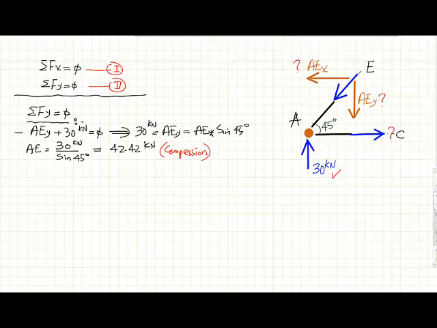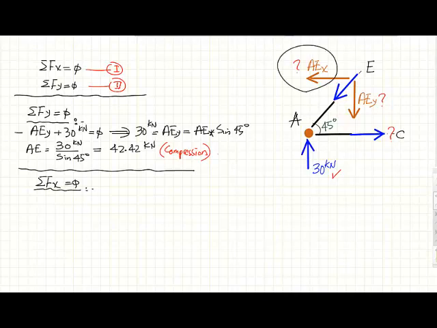So we need to move to the sum of all forces in x direction equal to 0. This equation will have this force going west, which is negative, so it is minus AEX, and this force going east, which is positive, so plus AC is equal to 0.